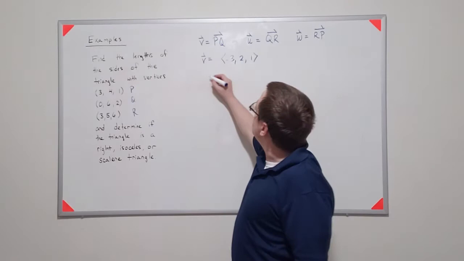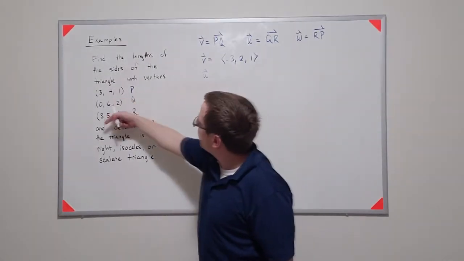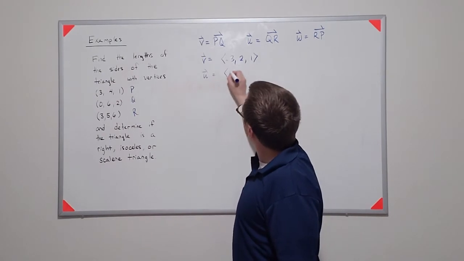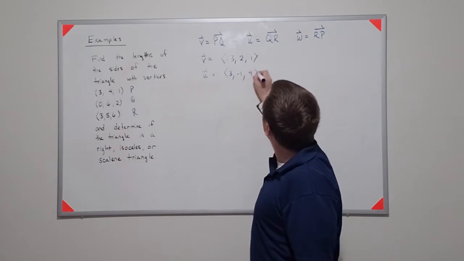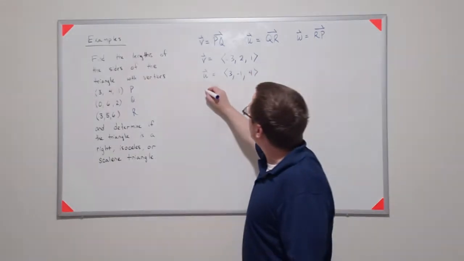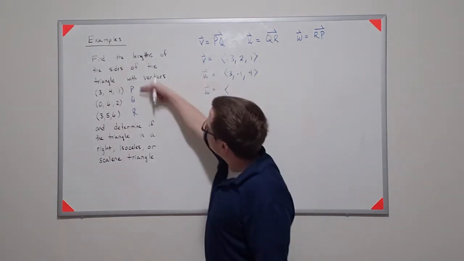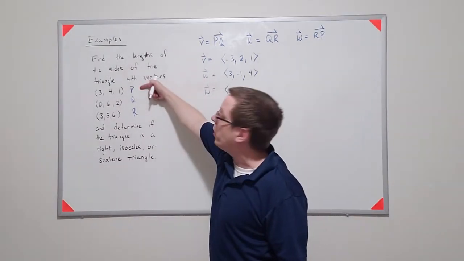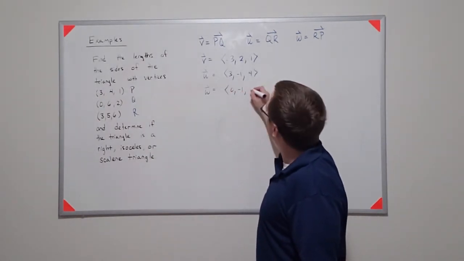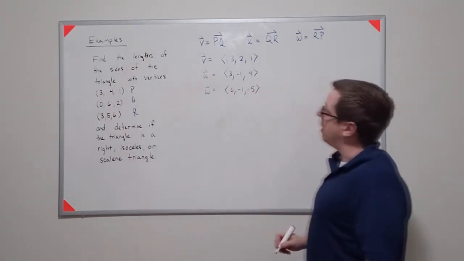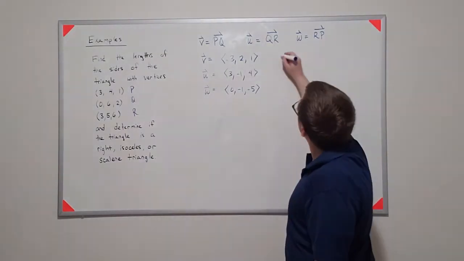And then if we get U, so that's the distance from Q to R, so it goes 3, -1, 4, and then for W, again, that's R to P. So this is actually the terminal point here. So that's going to be 0, -1, -5.